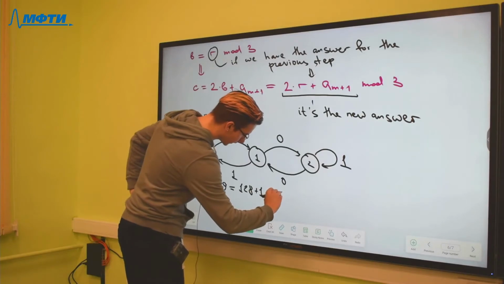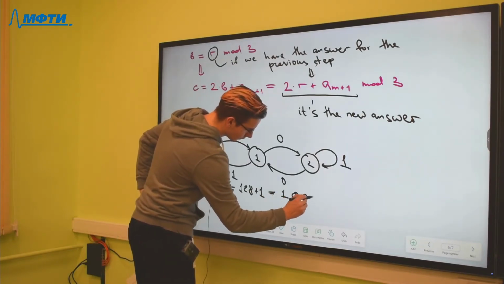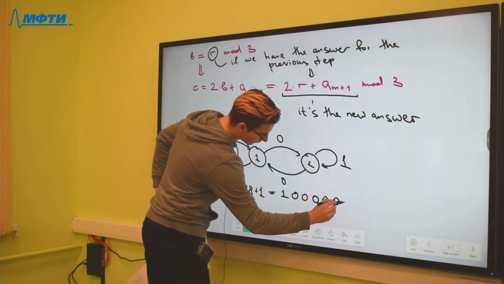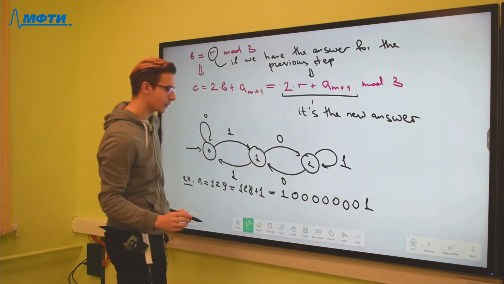So in the binary system, it is equal to this number.